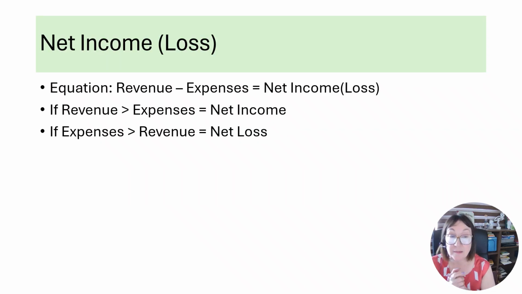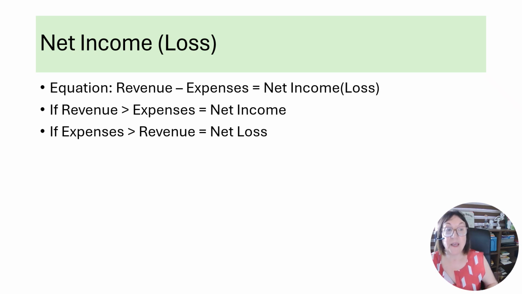Now, net income or loss is simply a basic equation. We take all of our revenue, all of our sales, minus all of our expenses, and that results in either a net income or a net loss. So if revenue is greater than expenses for the month or for the year, we make more revenue than we owe to somebody else.